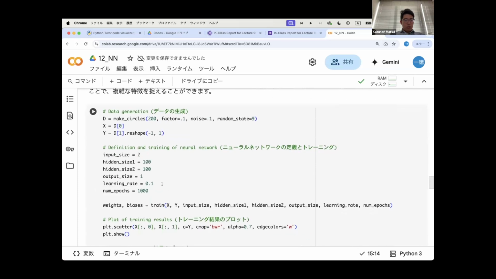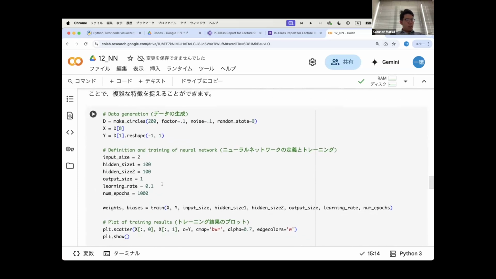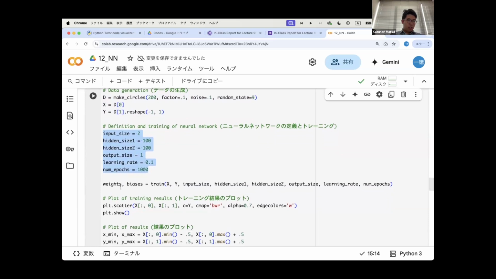Okay, so when we actually apply it, we first prepare data, decide the parameters inside the neural network, and use the previous functions to determine the internal parameters of the neural network.